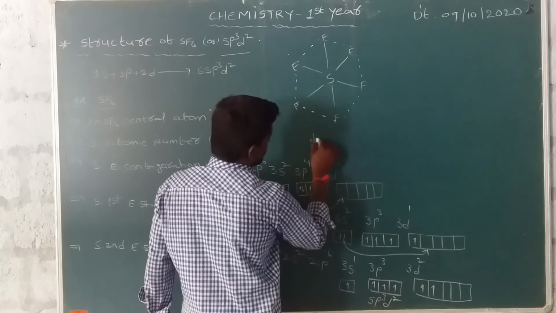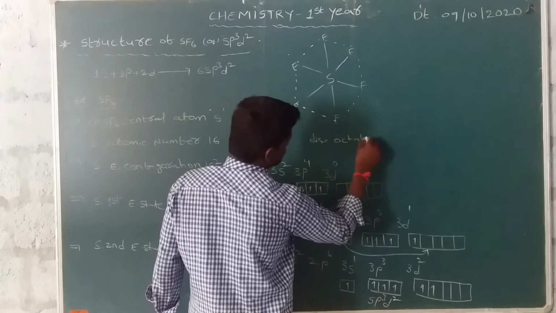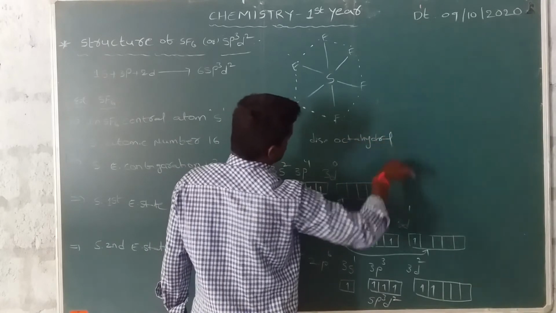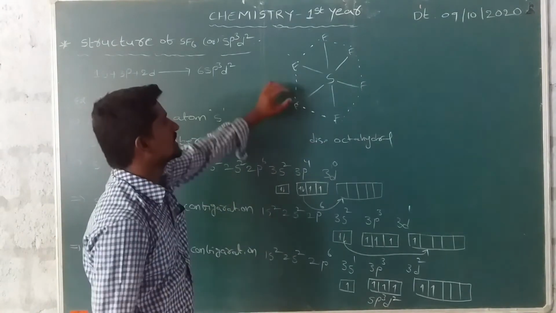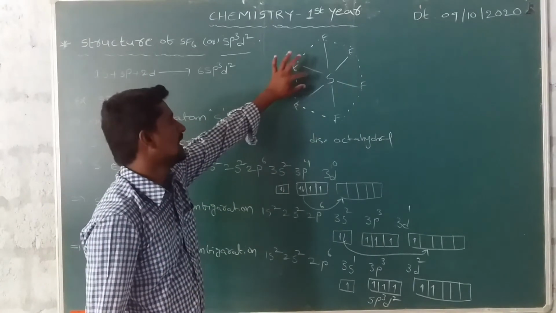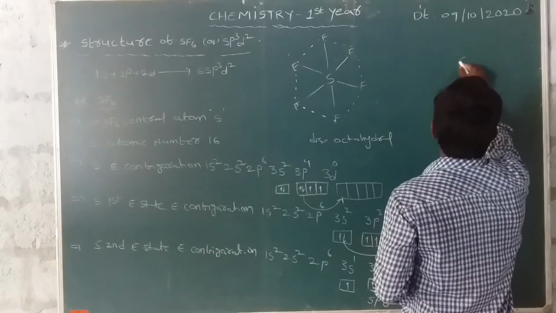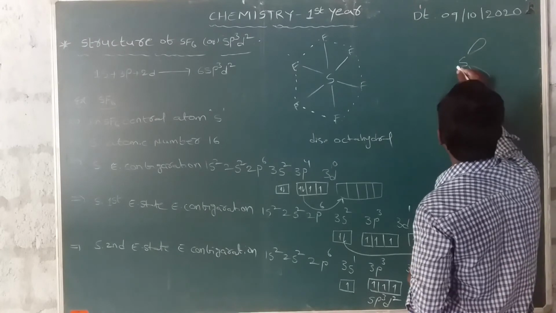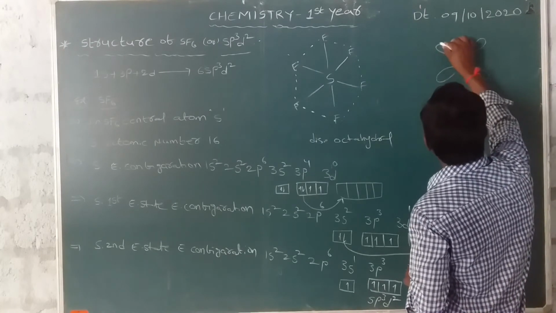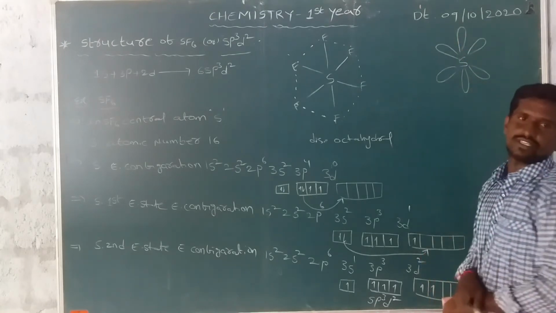This is a distorted octahedral structure. This is the general structure of SF6, with sulfur at the center and six fluorines at the six positions.